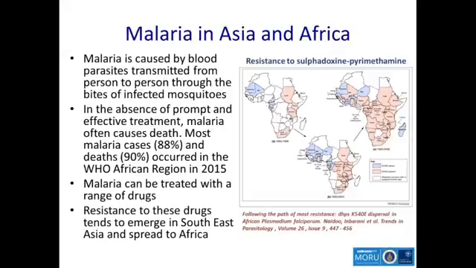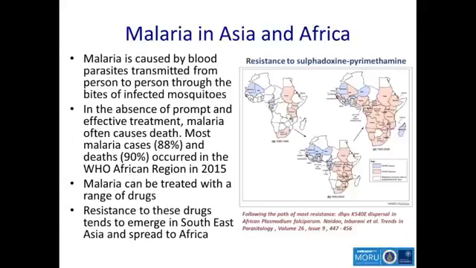I've been focusing on malaria in Asia. Although most of the malaria burden is in Africa, the worrying situation in Asia is that in the past, resistance to anti-malarial drugs has emerged in Asia and has spread to Africa.